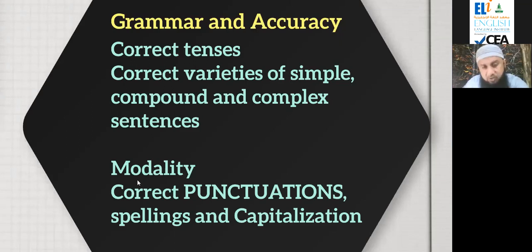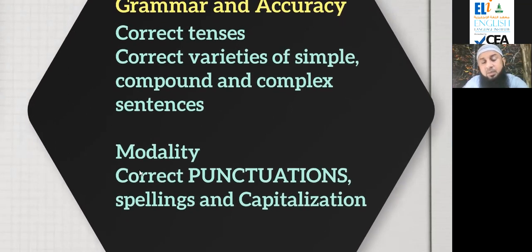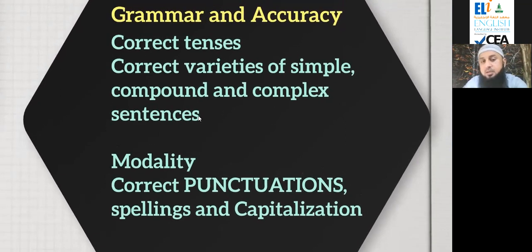And the punctuation, spellings, and capitalization in the accuracy part. This is what they check. So you get 7, 6, 8 bands, depending on your level of writing skills and variation in sentences, the types of words and the uncommon words, academic vocabulary. This is what they look for.